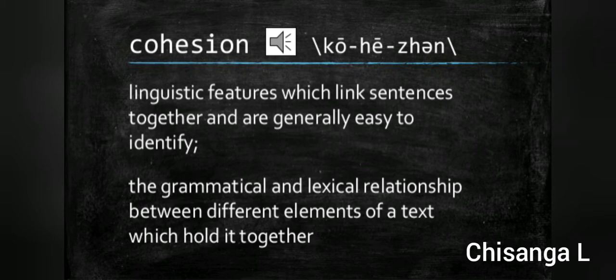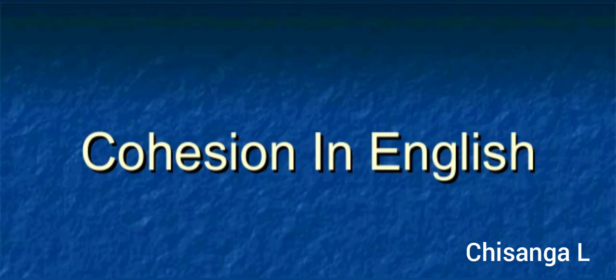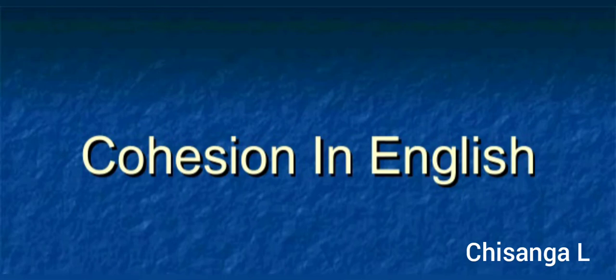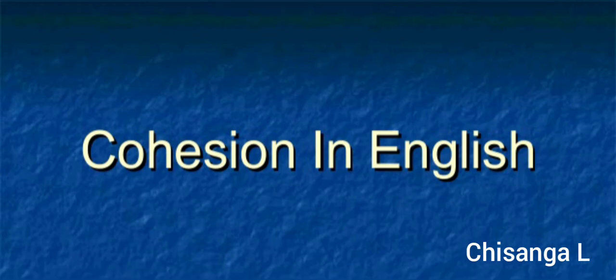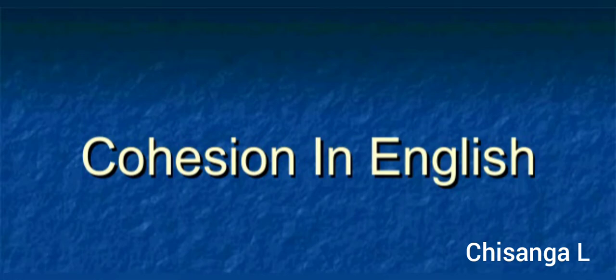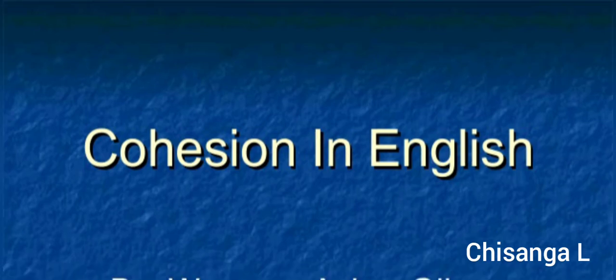Cohesive devices, and we will get to look at cohesive devices in this same lesson further ahead, include many different words or phrases or even tactics that show a relationship between two sentences.